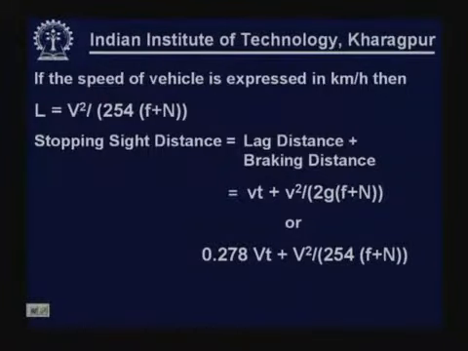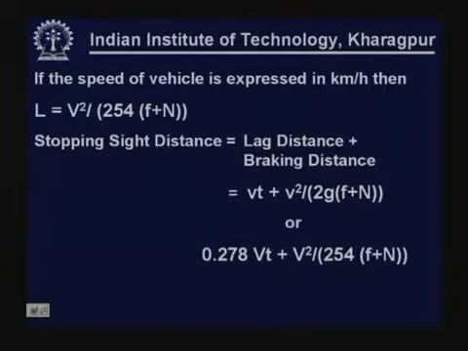Now, if V is expressed in kilometers per hour, then L will be V square by 254 into (F plus N). So, whenever there is a grade, the required stopping sight distance equals lag distance plus braking distance.